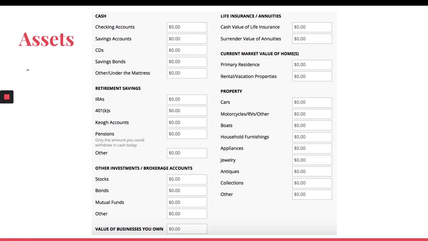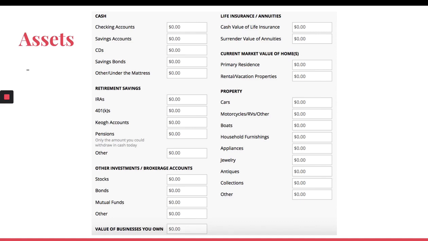Okay, next is retirement savings. So we have IRAs first. An IRA is an individual retirement account. I love IRAs. I love the Roth IRA in particular. I think it's amazing.